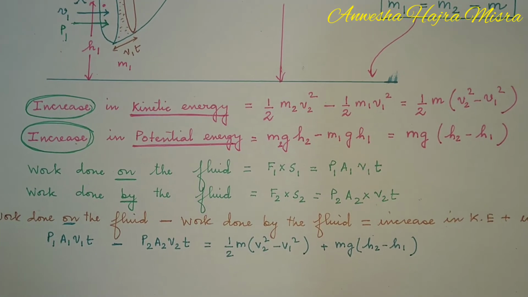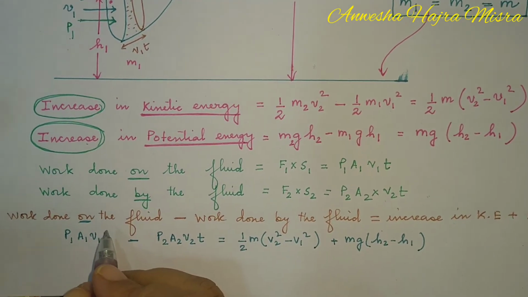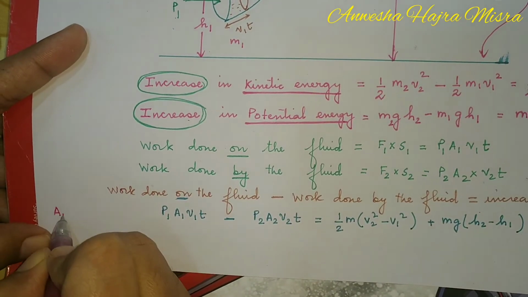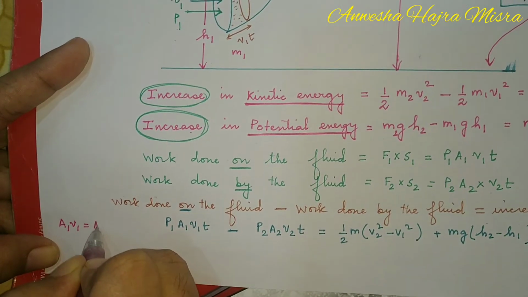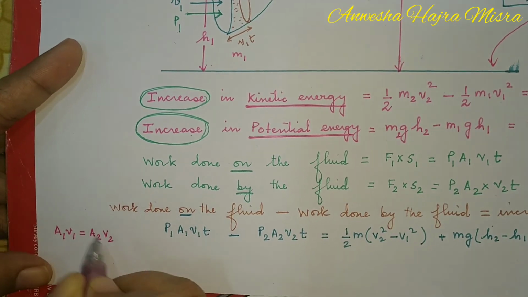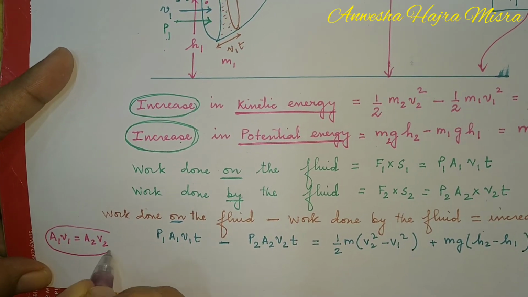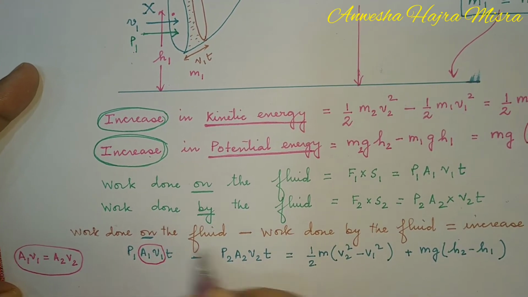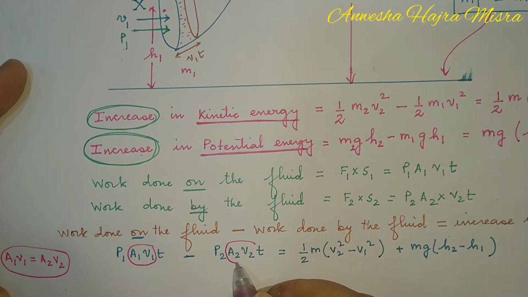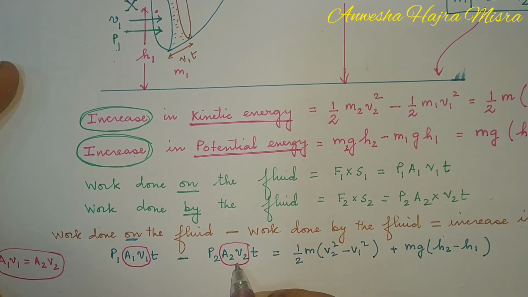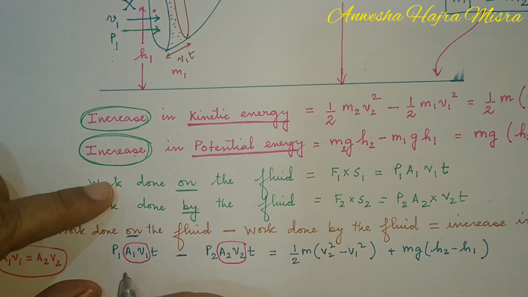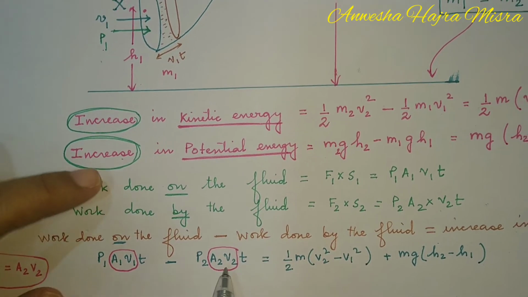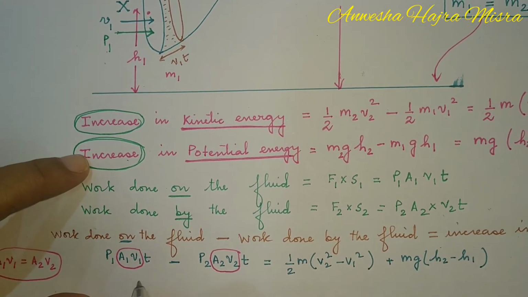Now we know, children, from the equation of continuity, A1 V1 is equal to A2 V2. So here you have A1 V1, here you have A2 V2. I can write A2 V2 as A1 V1.